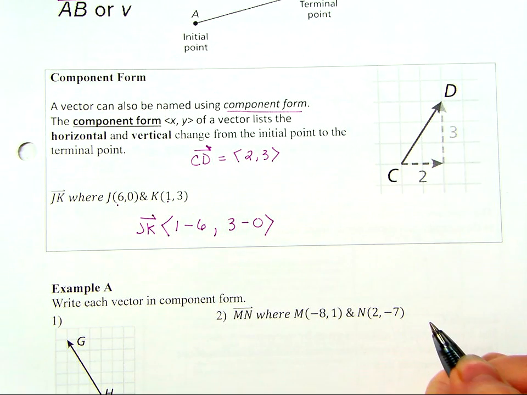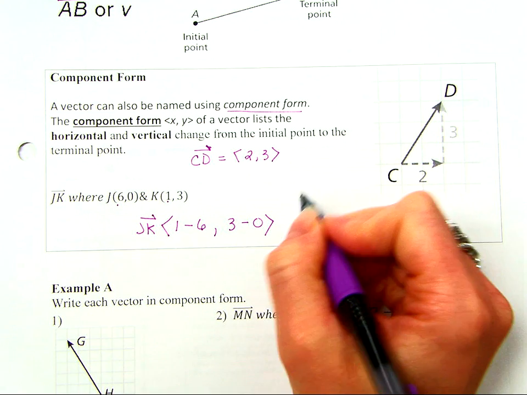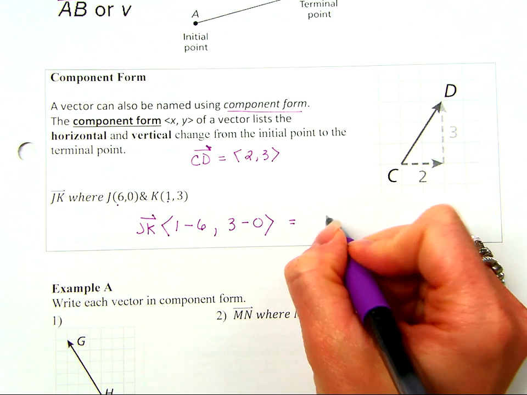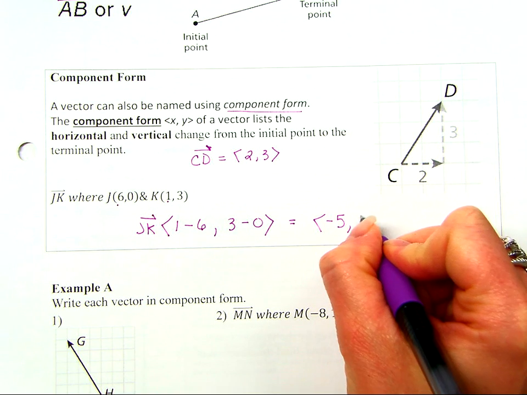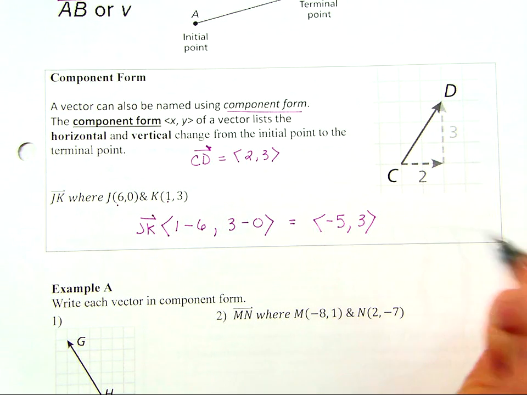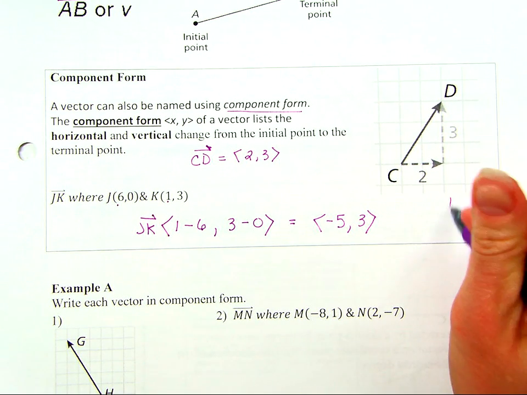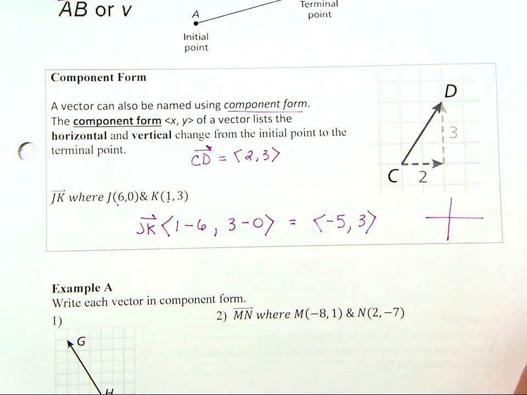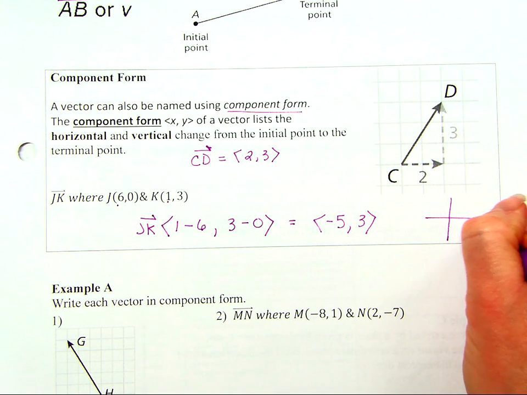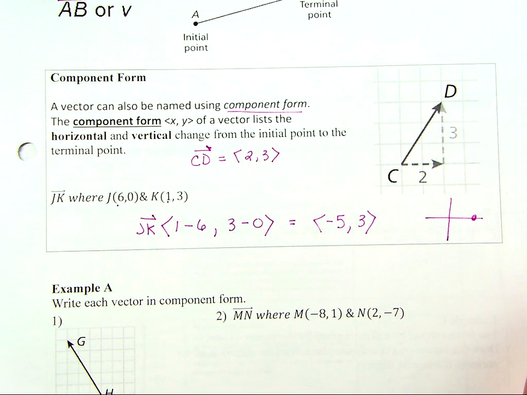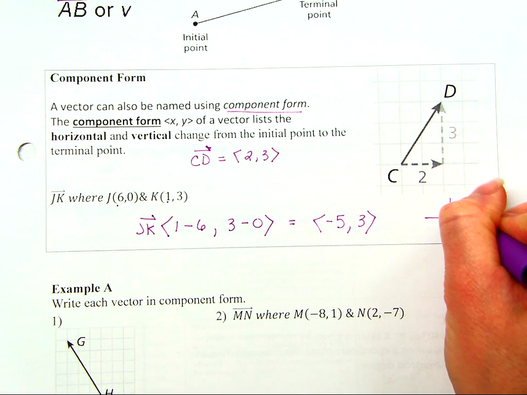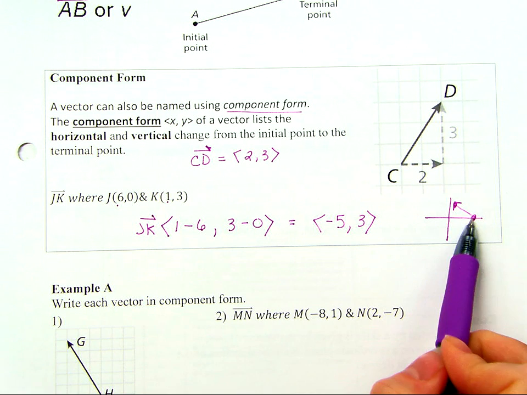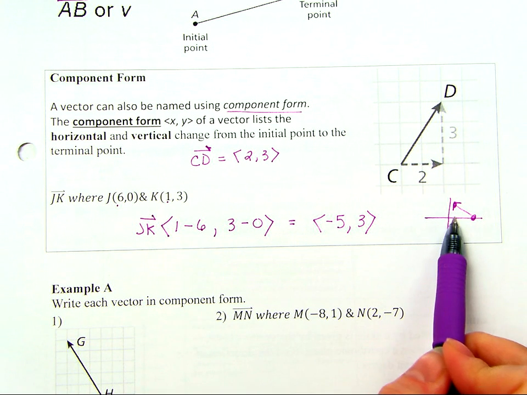How much did it change? In component form, then, this would be <-5, 3>. Which makes sense if you think about your vector being graphed. If your initial point J was at (6, 0) here, and your terminal point K was at (1, 3), roughly here, graphing that, you can see that I'm moving to the left and up.